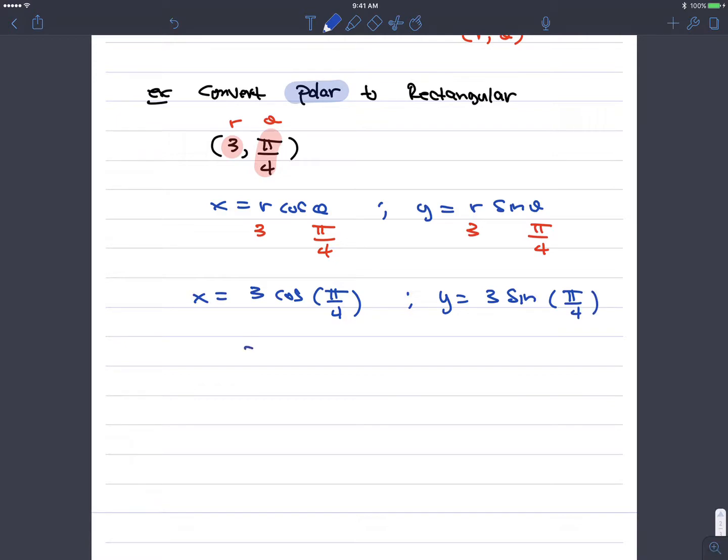Do you happen to know what cosine pi over 4 is? Square root of 2 over 2. Is that true? What's sine pi over 4? Square root of 2 over 2. What's this coordinate? 3 square root of 2 over 2, 3 square root of 2 over 2.